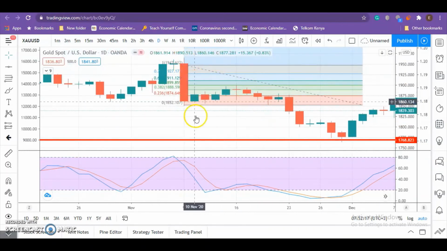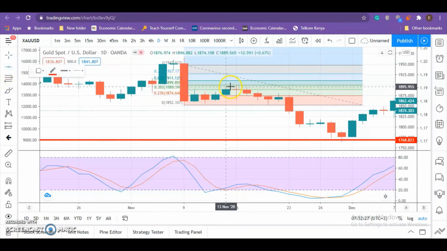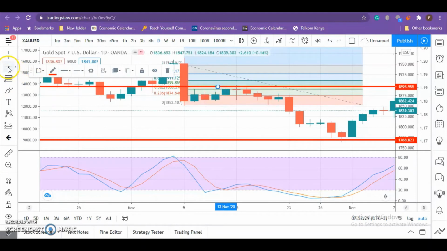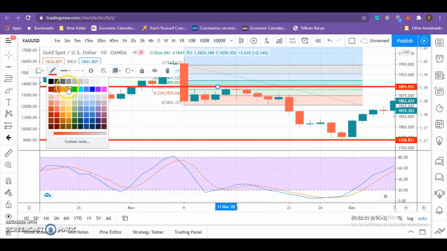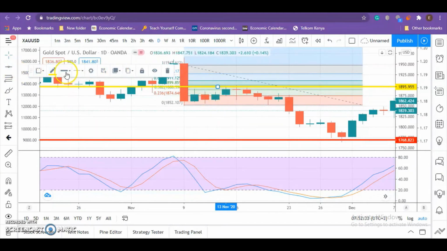What I would have done is wait 1, 2, 3, 4 days before getting into this trade, because within those 4 days my graph would have touched my zones, which are in between here.